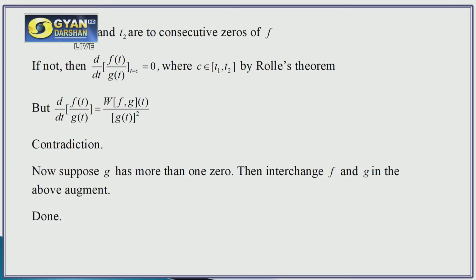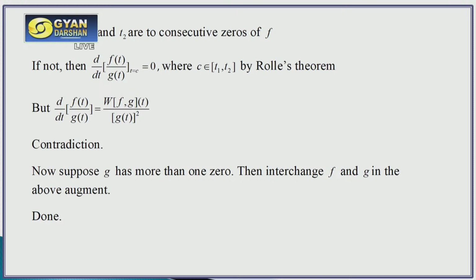Then the ratio f(t)/g(t) is continuous, and g(t) is not equal to 0 by our assumption, so it is well defined in the interval (t1, t2). In the interval (t1, t2), if g(t) is non-zero, then this ratio is well defined.